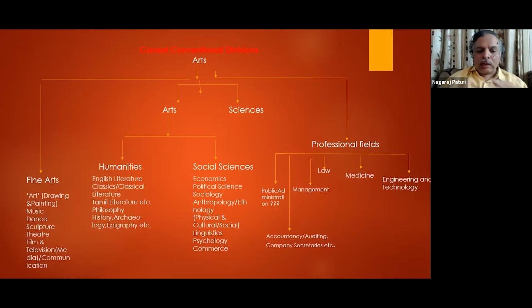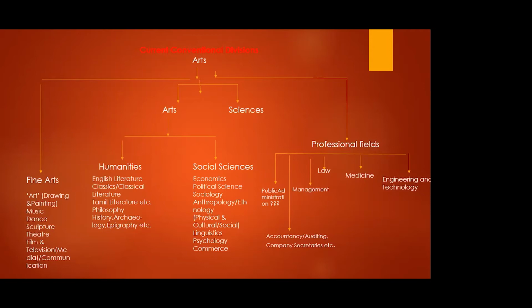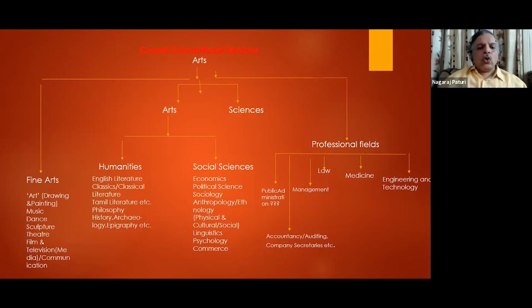They include Alankara Shastra as part of the Sanskrit literature department or Kannada, Malayalam, Tamil, Telugu, Hindi literature department. They include Alankara Shastra. So there is a Shastra there. And if you go to the English literature department, it is not so. In the English literature department, there is no course which is called a science of something.